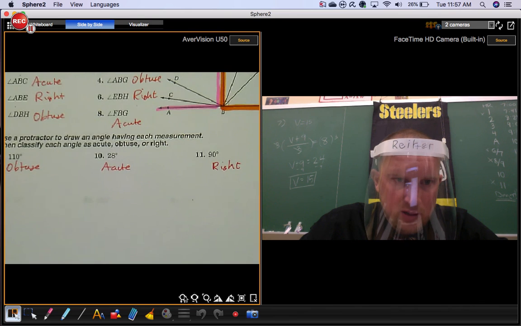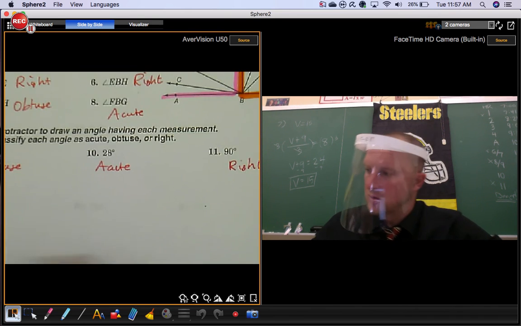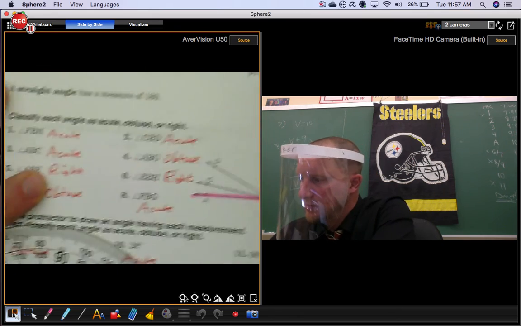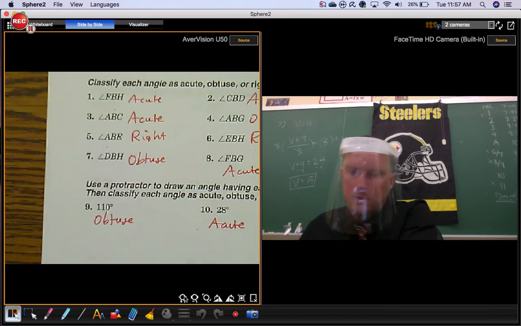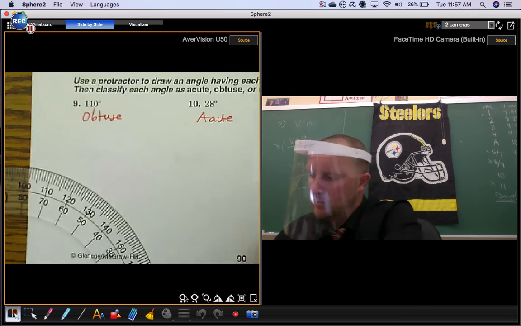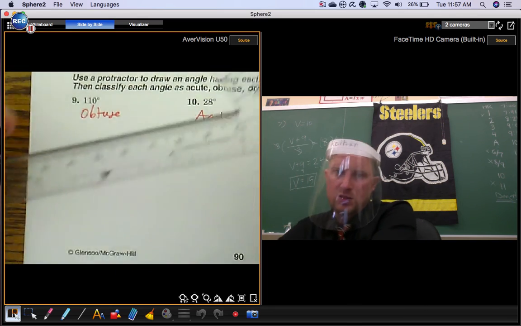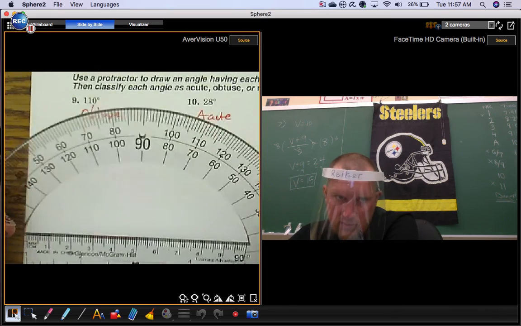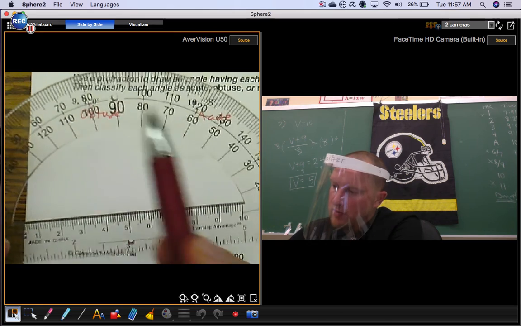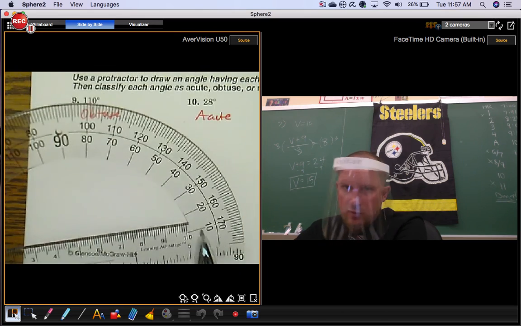Okay, I may zoom in here just so we can get a better look at the protractor. Okay, so this is what your protractor looks like. There is a scale going from left to right and a scale going from right to left.